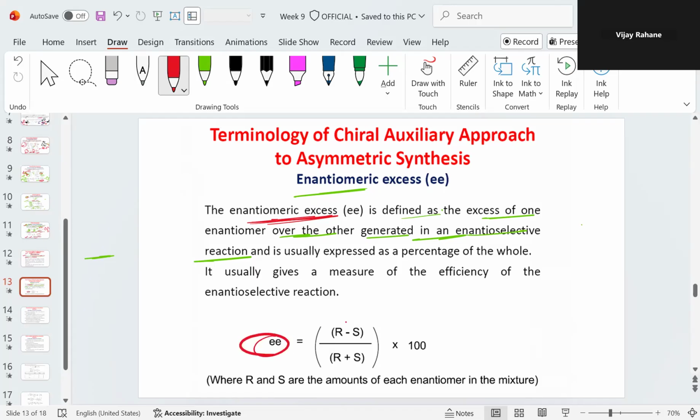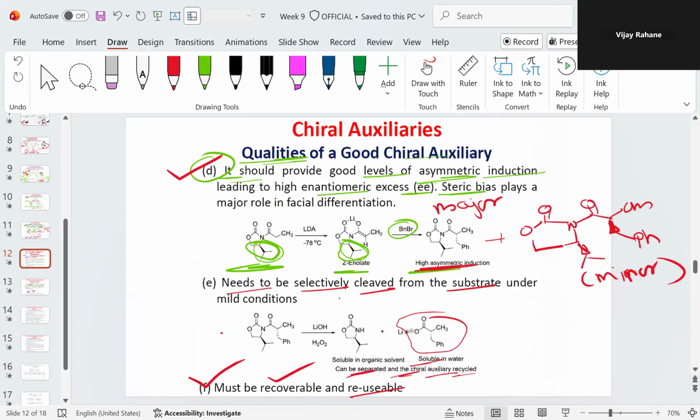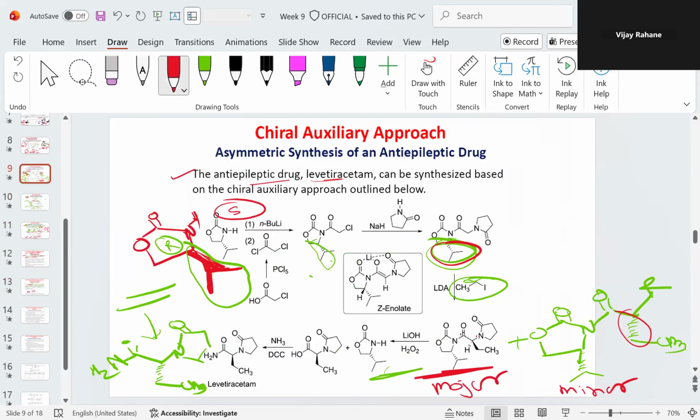We can calculate this enantiomeric excess by measuring the formation of the R product and taking the difference between these two products, the R and S. In the example, I will give the labels. This is the S product, and this is the R product, and I have just assigned the stereochemistry here.